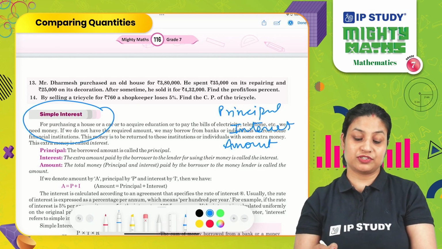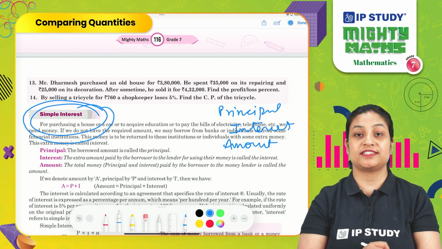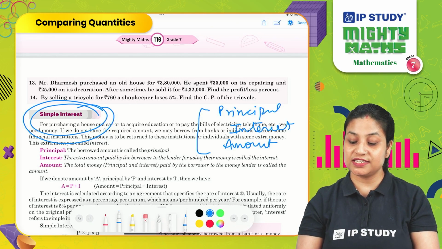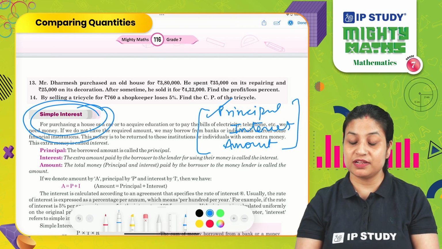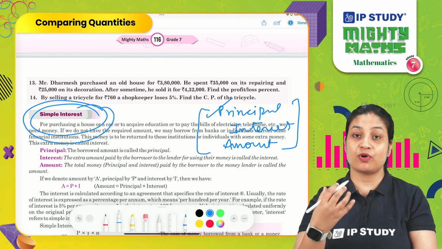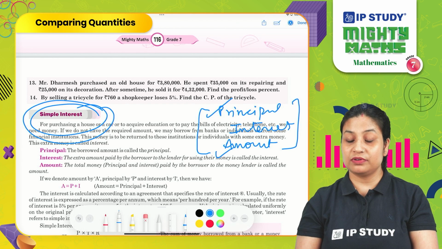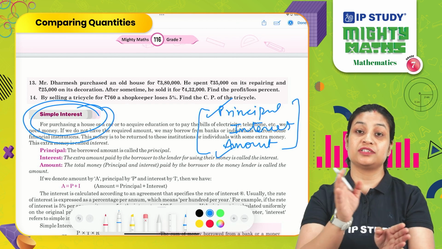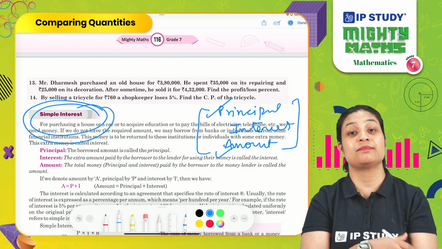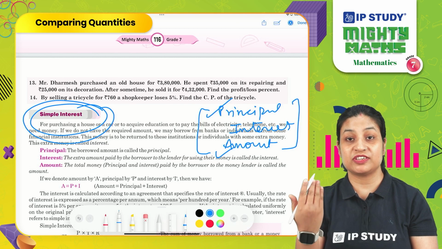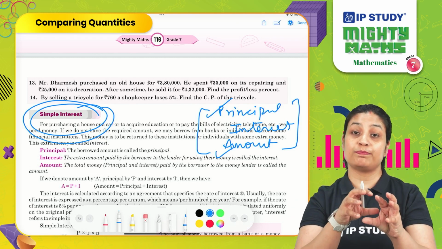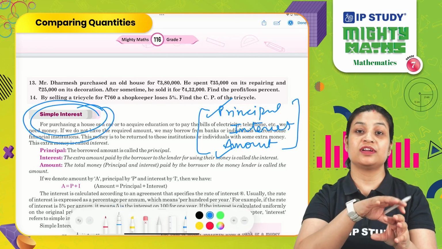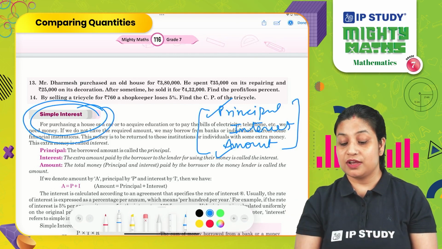So when we are talking about simple interest, we are going to deal with these three important terms. Principal, the amount that you are borrowing; amount, what you are going to return, the amount you have borrowed with some extra money; and the extra amount that you are going to pay with the principal is called interest, right?